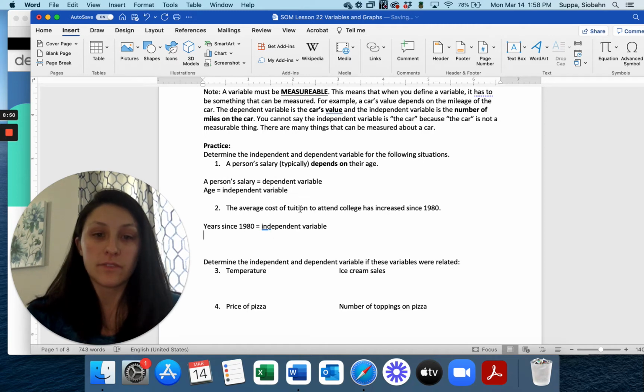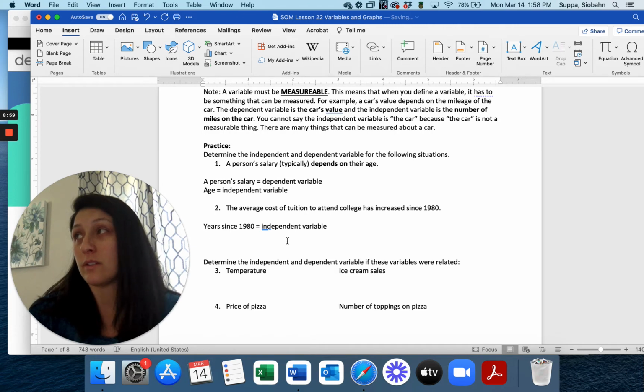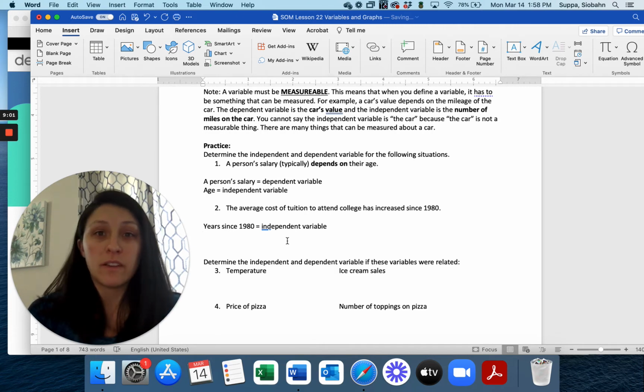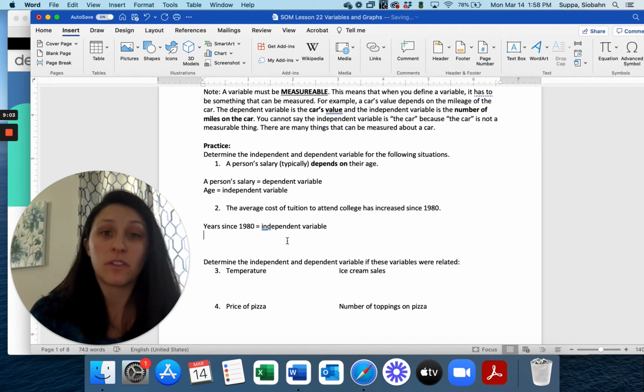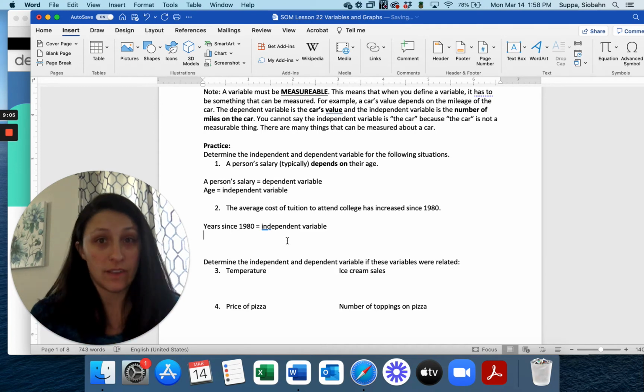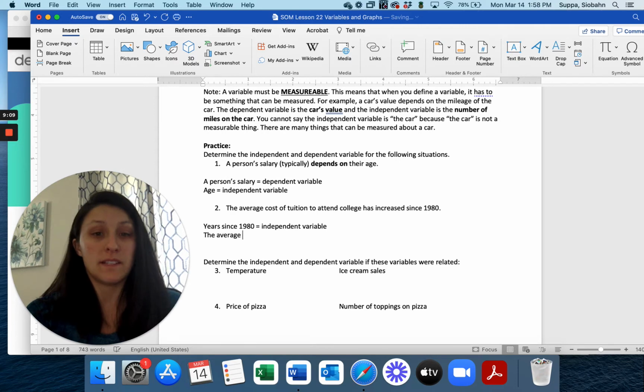But the cost of tuition, lots of things affect that, like how many people are going to school, whether inflation is occurring, whether you go to a big university, whether you go to a small university, whether you're in-state, out-of-state. There's lots of things that affect the cost of tuition. So that means the average cost of tuition is your dependent variable because it depends.